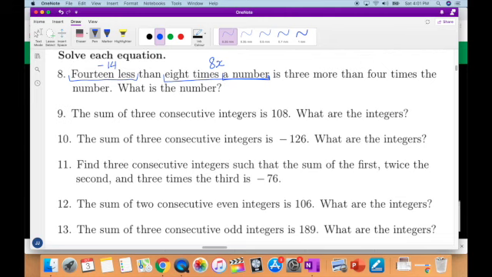So 14 less than 8 times a number is equal to 3 more. So 3 more is plus 3. 3 more than 4 times the number. So they use the word "the" there to tell you that it's the same number. So you would have to use the same x. 4 times the number.